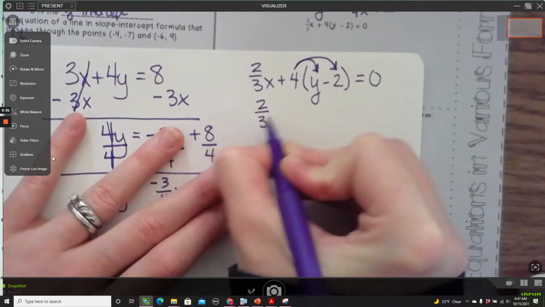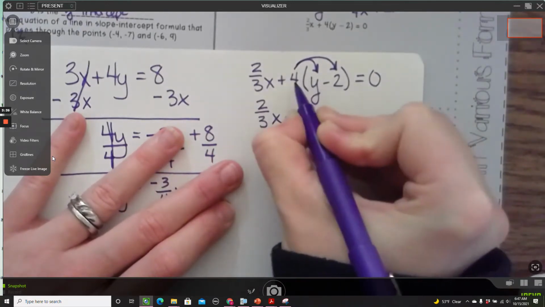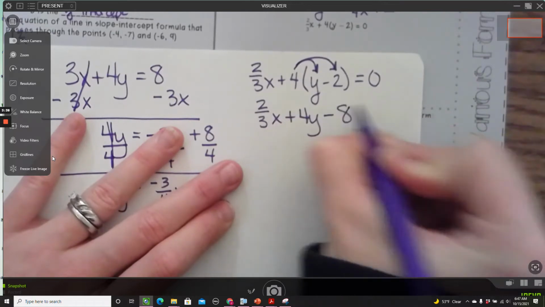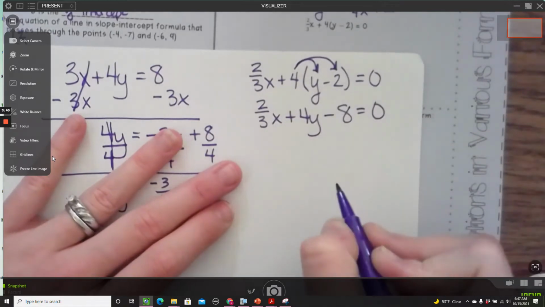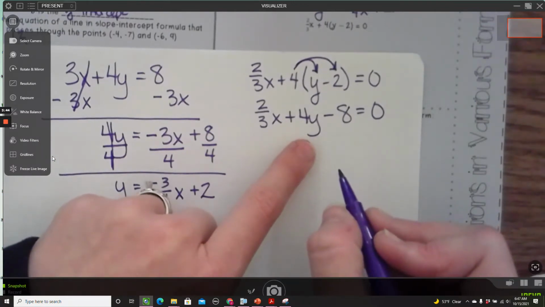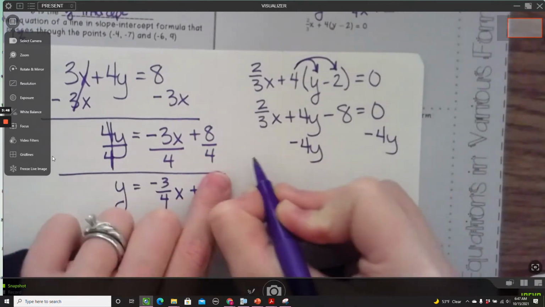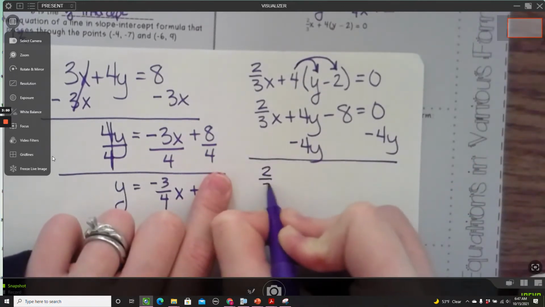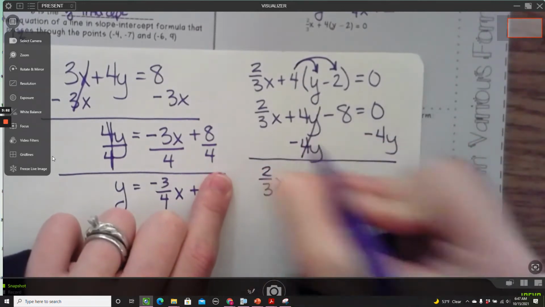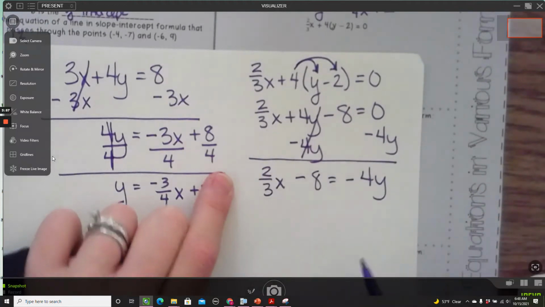So I've got 2/3 x plus 4y, and 4 times a -2 is a -8, and that equals 0. If I want y by itself, I can move this whole y term. I'm going to subtract 4y from both sides. So I've got 2/3 x, these cancel, -8 equals -4y.